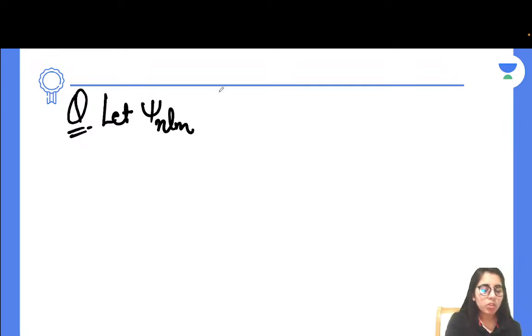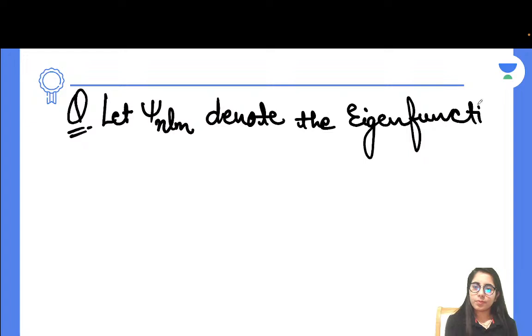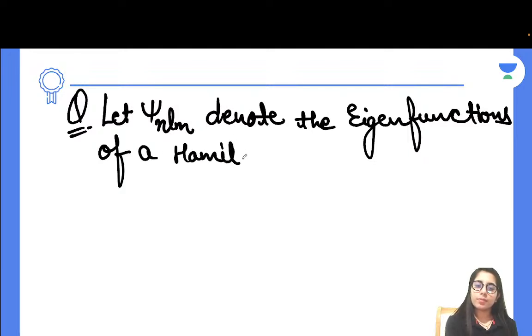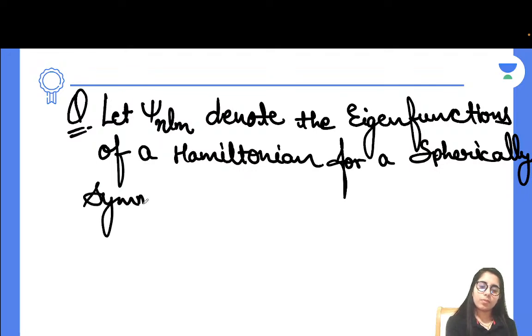Let ψ_nlm denote the eigenfunctions of a Hamiltonian for a spherically symmetric potential V(r).